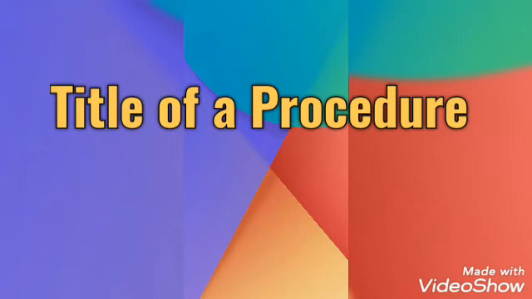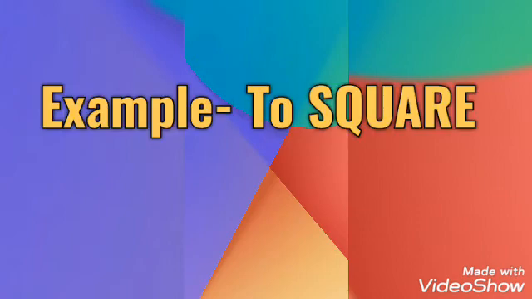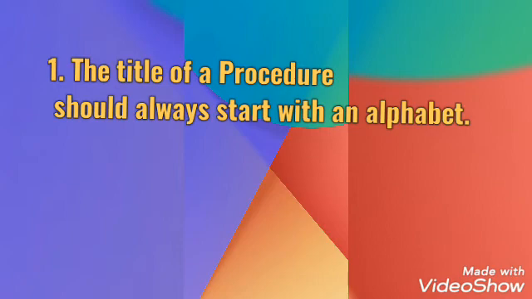Now we will talk about the title of a procedure. The title of a procedure starts with TO along with its name. For example, to square. There are some rules to give a title to a procedure. Let us first learn them. The rules are: the title of a procedure should always start with an alphabet.